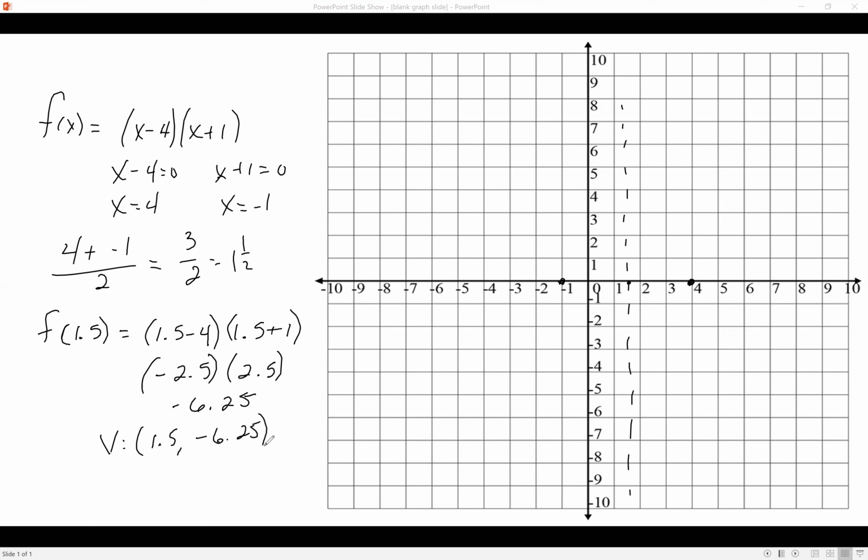Okay, I already have my axis of symmetry at 1.5, so now I just have to come down here to negative 6.25, maybe right in there somewhere, and now I can graph because I know my other 2 points up here where the zeros were, or the solutions. Okay, and so there's my graph.